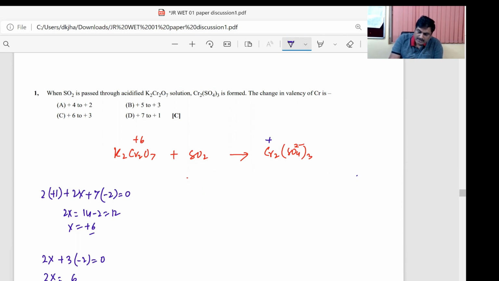Here the oxidation state is +3. Correct.